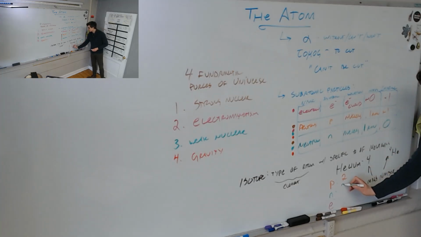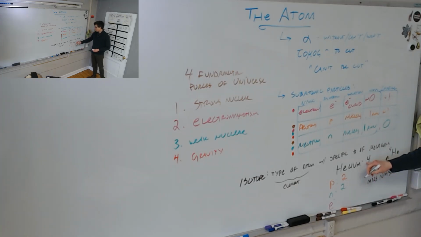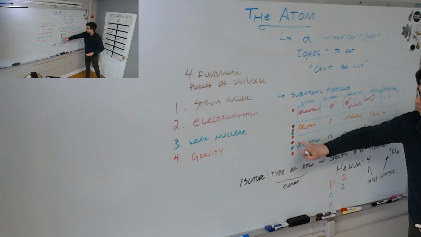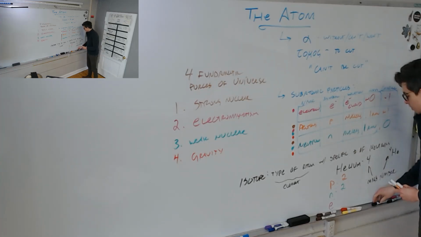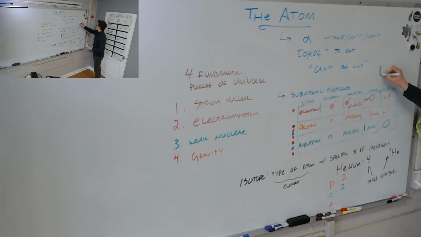Its mass is 4, and the only two that have mass, that excite the gravity field, are protons and neutrons. So here's the very, very basic formula for this chapter: protons plus neutrons equals mass number. That's it. Protons plus neutrons equals mass number.